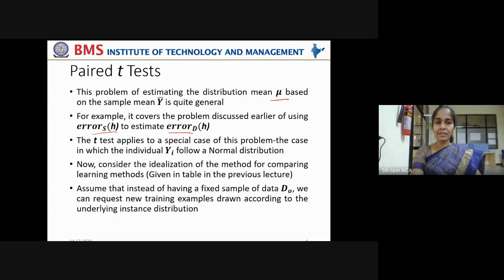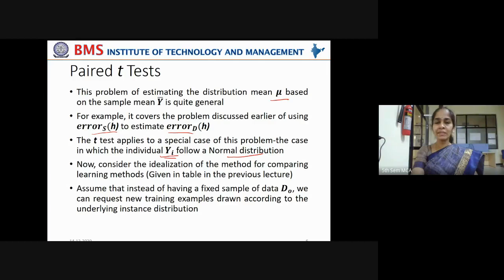Now, the t-test applies to a special case of this problem, the case in which the individual yi follow a normal distribution. Now, listen carefully. When individual data points follow a normal distribution, most of the values fall within a particular range, and very few values fall on the tail sides.